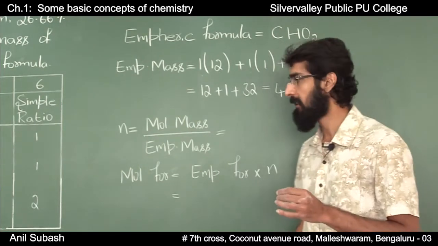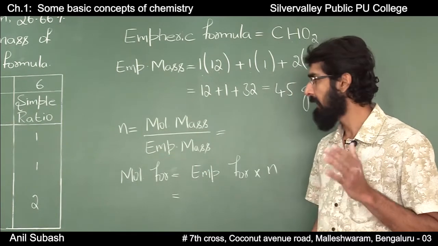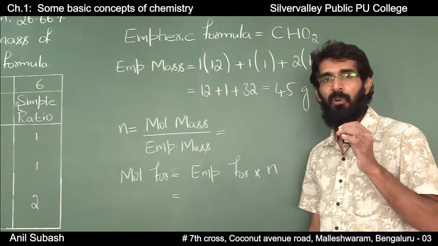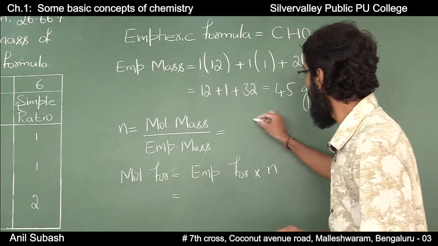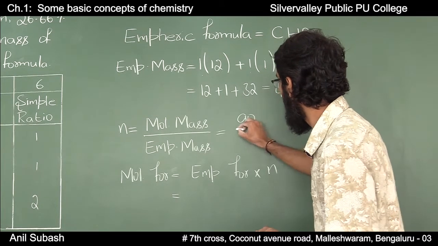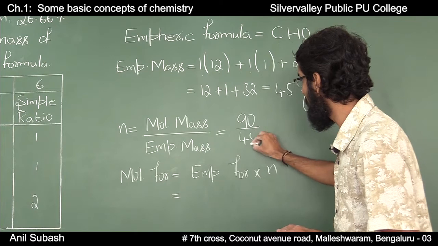We all know that N is calculated by using the formula molecular mass by empirical mass. The molecular mass of the compound is already mentioned, that is given as 90 gram, and the empirical mass is found to be 45.